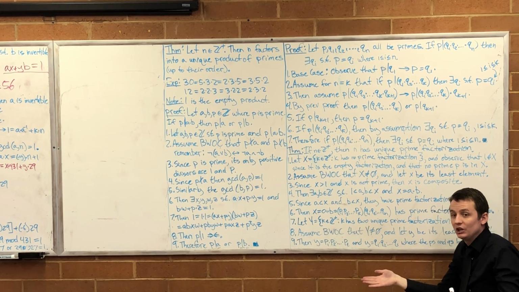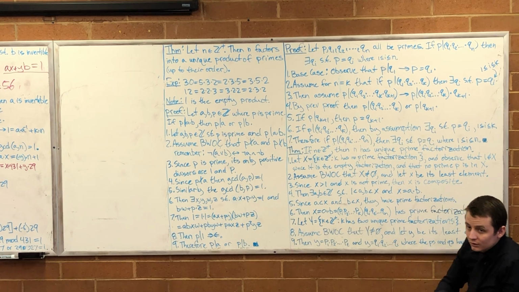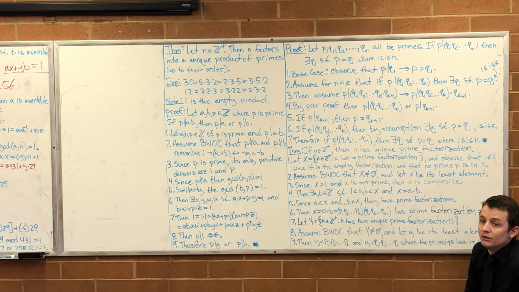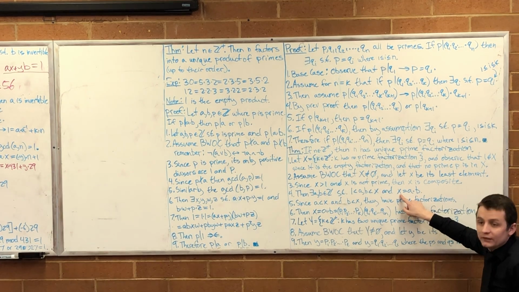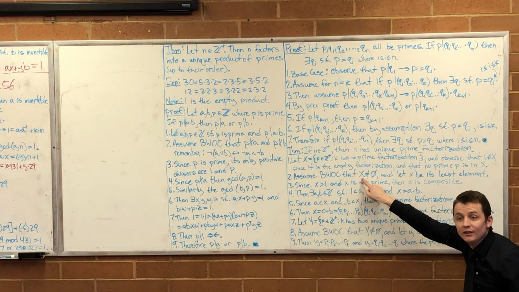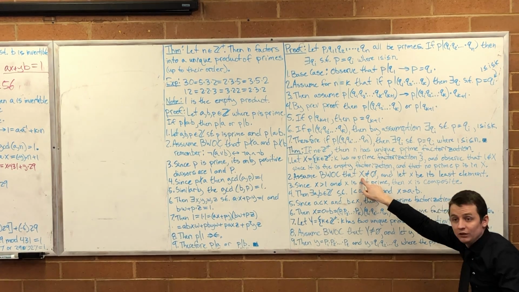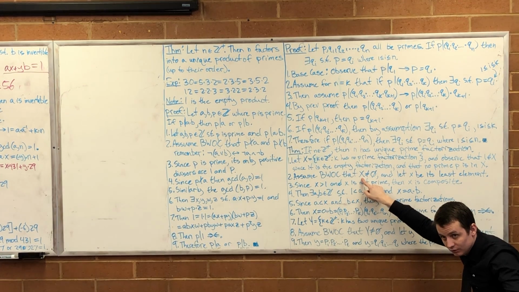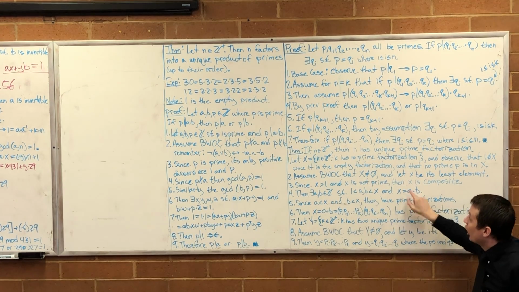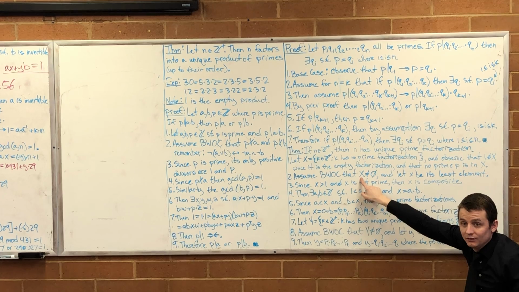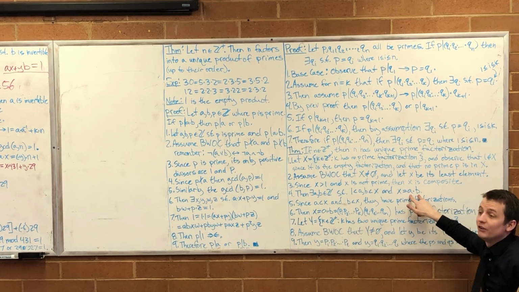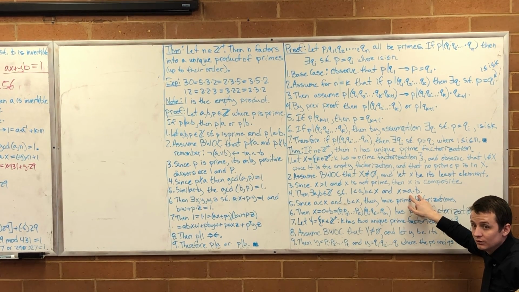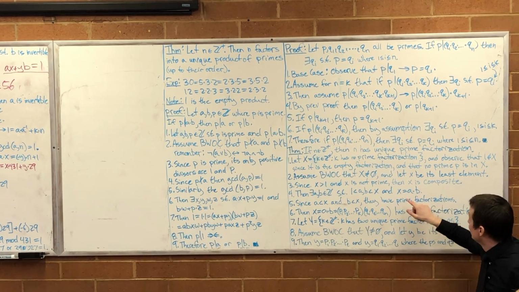How come, just because they're smaller than x, they have a prime factorization? Little x is the smallest element in big X. Big X is all the positive integers that don't have a prime factorization. So a and b are not in big X, so they do have a prime factorization, because they're smaller than x.